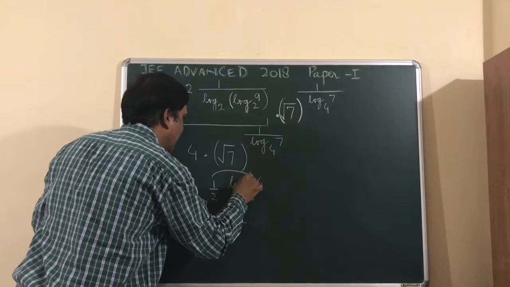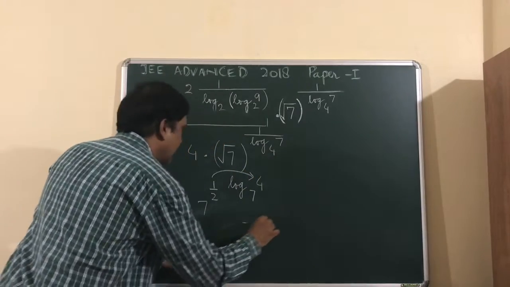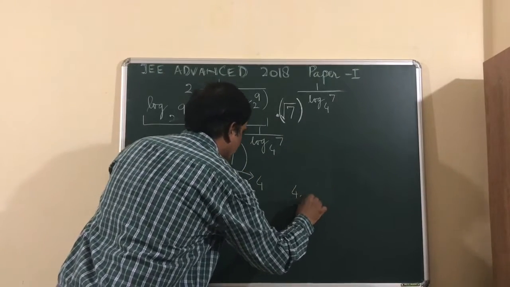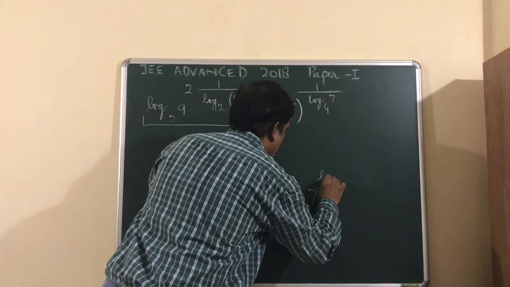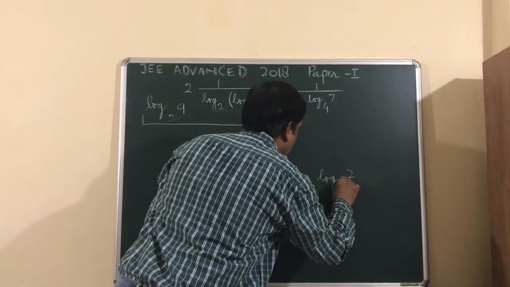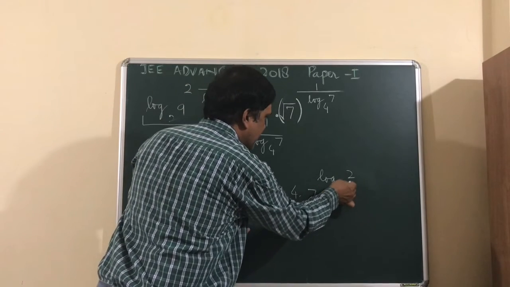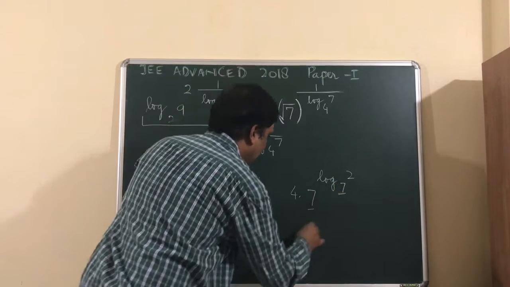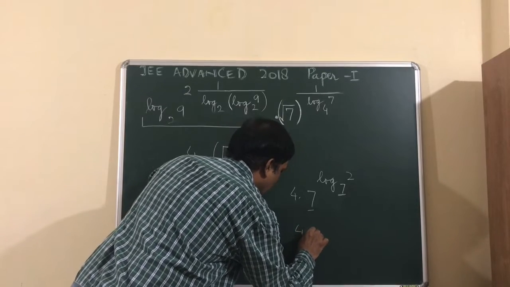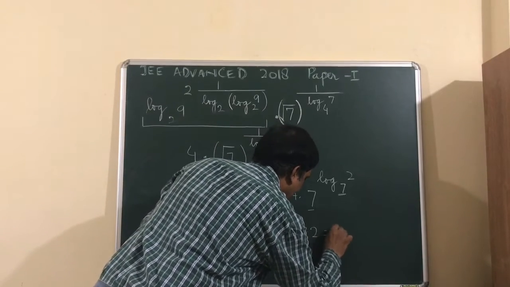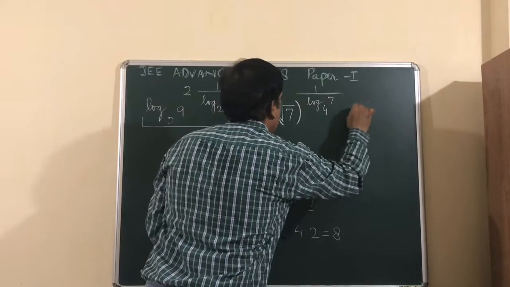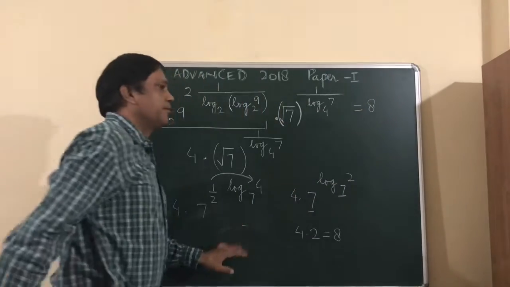Bring this half over there and you can write 4 into 7 raised to the power log of 2 base 7. Again you see a raised to the power log x base a. So what do I get there? 2. So 4 into 2, that is 8, is the answer for this problem.